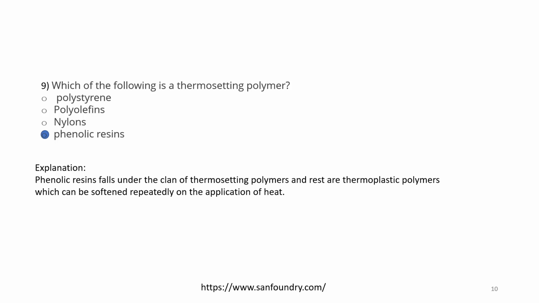Other than that, all of these are thermoplastics. So phenolic resins fall under the class of thermosetting polymers, and the rest are thermoplastic polymers, which can be softened repeatedly on the application of heat.